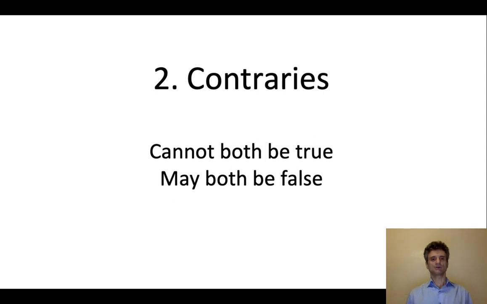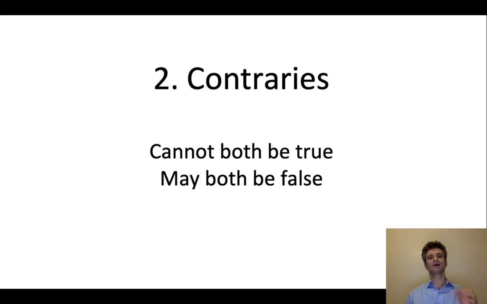The second is a relationship known as contrary. According to this relationship, 2 propositions, and to be specific, these are the universal propositions, A and E, cannot both be true, although they may both be false. So once again, to be clear, this means that A form and E form cannot both be true by logical necessity.